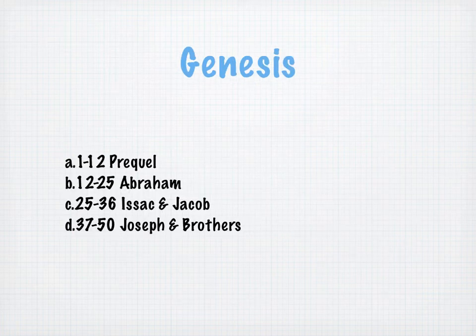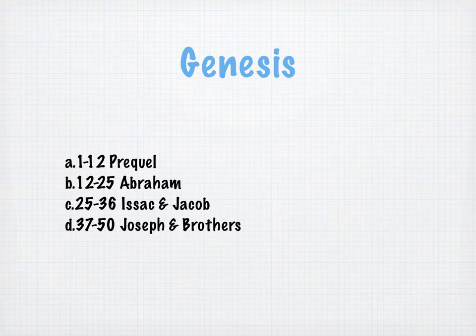An outline of the book of Genesis. First point is that the story really begins with Abraham in chapter 12. Everything before that is prequel. Stories that are meant to explain how we got to this point.